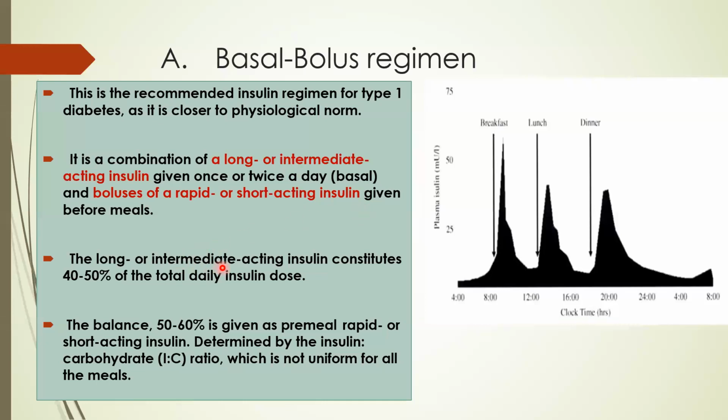And the long or intermediate acting insulin constitutes usually 40 to 50% of the total daily insulin dose, while the balance of 50 to 60% is now divided into 3 as either a rapid or short-acting insulin that is given before the meals, but it's however adjusted with the carbohydrates that the patient is taking.